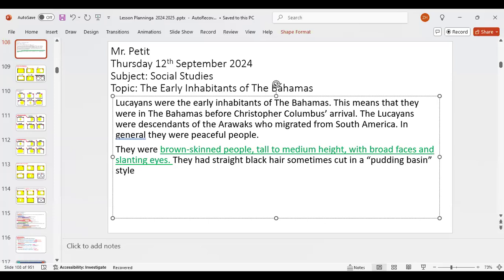And all that means is, their putting basin style was different because they had long in the back, short in the front, but with a piece left long behind. All right.